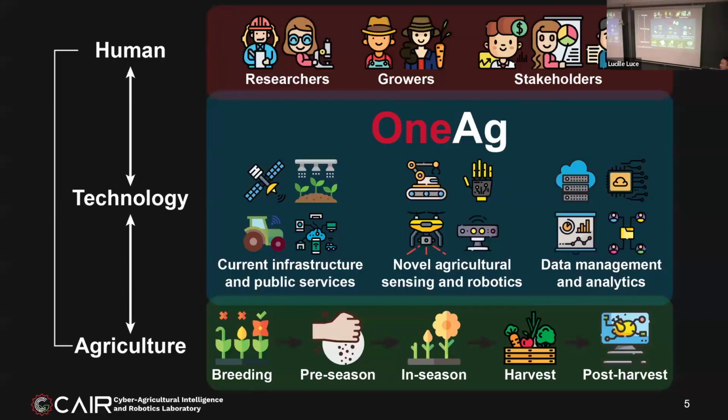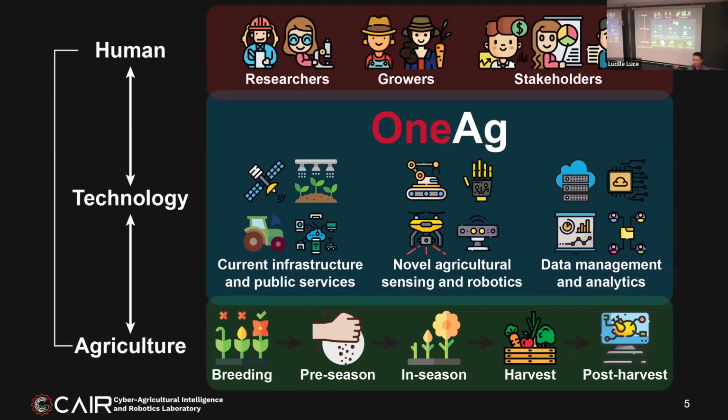So back to the overall concept, I introduced this concept called one egg. So as we consider the systems engineering, it's very important for us to first identify what are the key agents there. And in the agri-food system, we usually have two, right? One is the people, ourselves, either as a researcher or grower, or even just a public person to purchase something. That's our interaction started with agriculture and food.